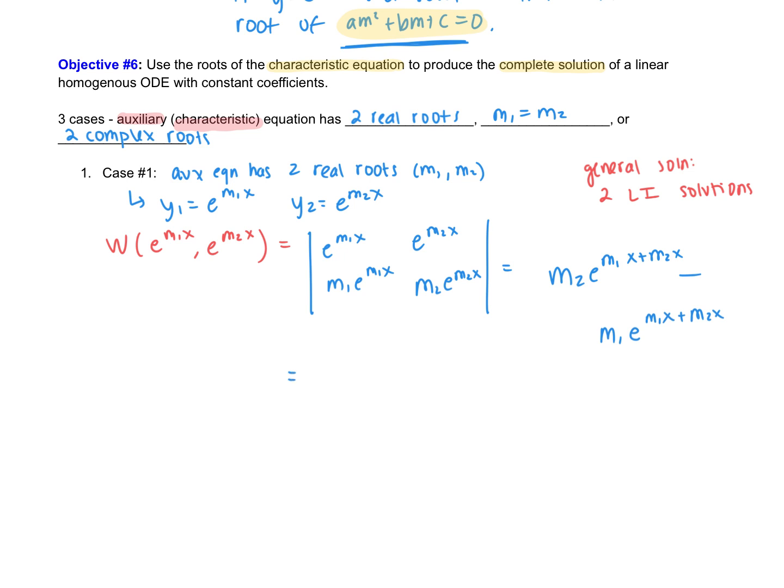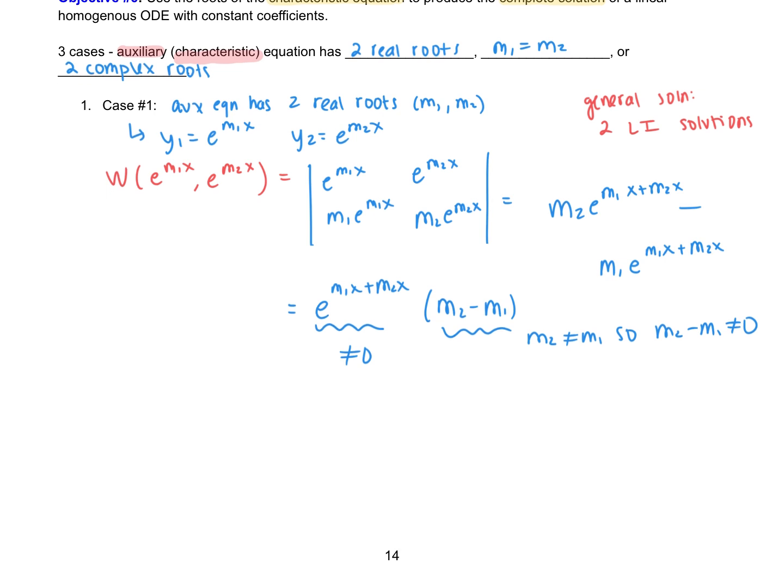Simplifying that Wronskian, if I factor out e to the m1x plus m2x, I'm going to end up with m2 minus m1. We want to know, does this Wronskian ever equal 0? Well, we know that this exponential term is not 0, and we also know that m2 is different from m1, so that difference is not 0.